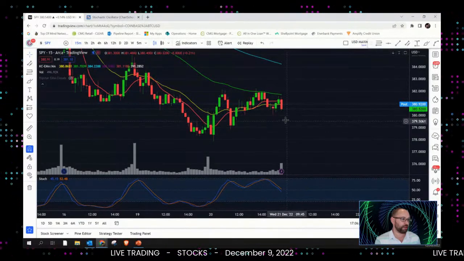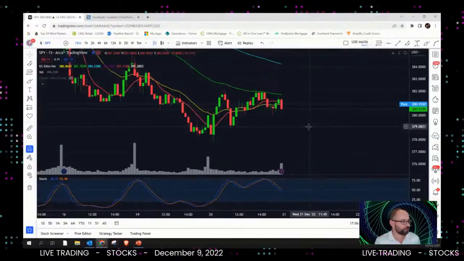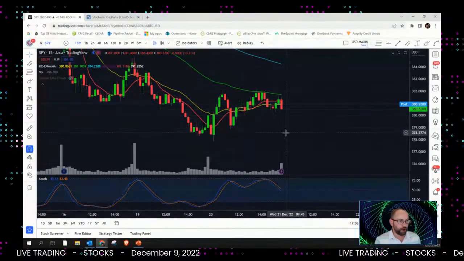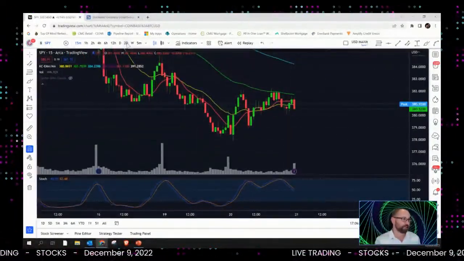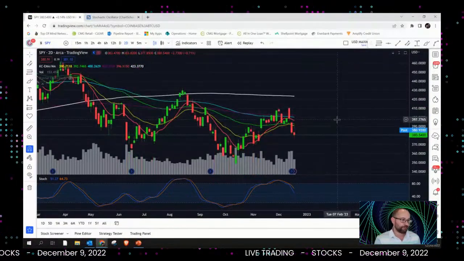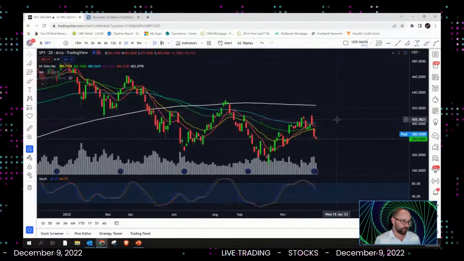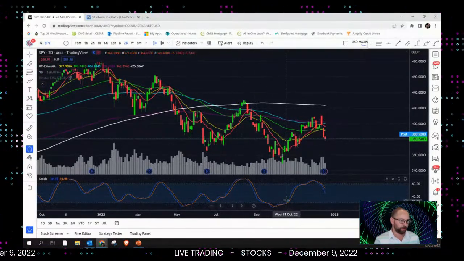Price action will probably be a little lower. So just a few ways that you can use this for different trading strategies. On these higher time frames, you're going to be using it for a swing trade. This 2-day is really good. I like this 2-day. 2-day's been getting it pretty good.